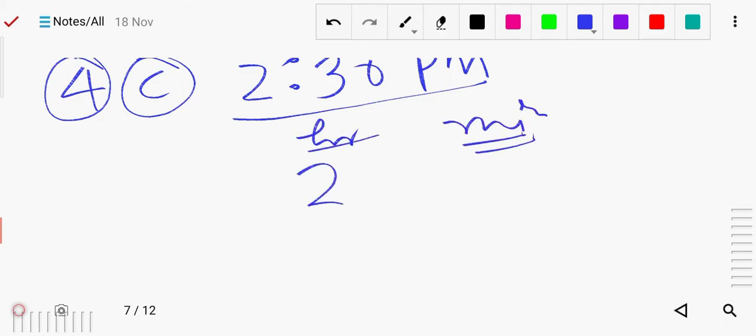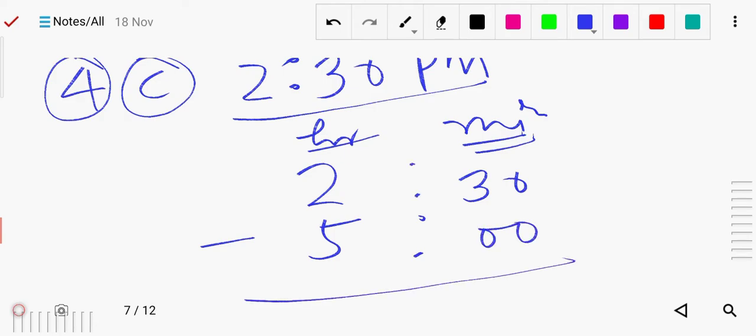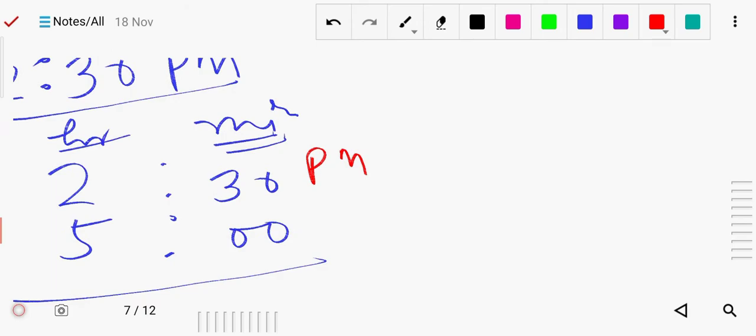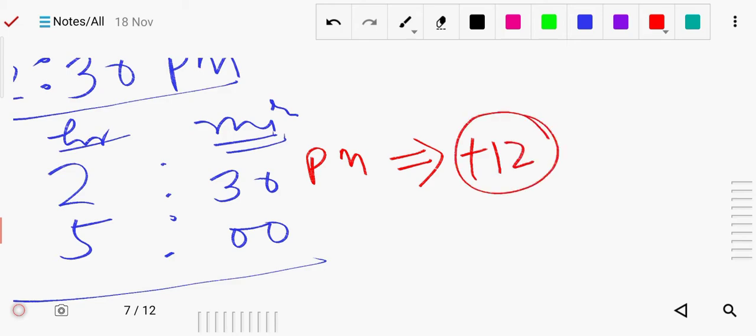You have to subtract 5 hours before. Can you subtract in these two? No. Why? Because 2:30 and 5, again this is given in PM. So if you are not able to calculate, whenever it is PM you can add 12, if it is AM then 24. But it is PM, so you can add 12.